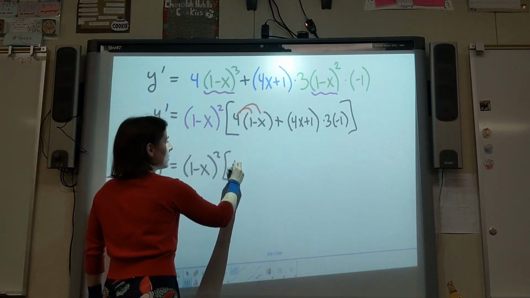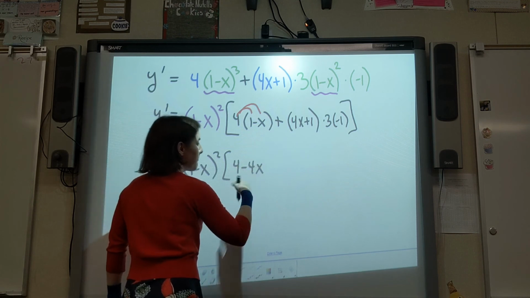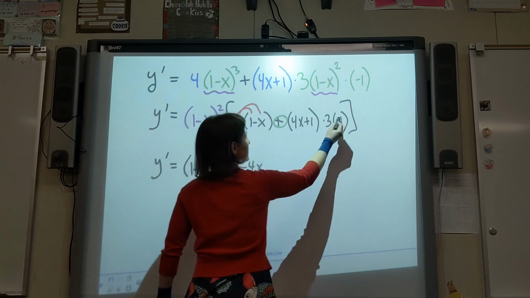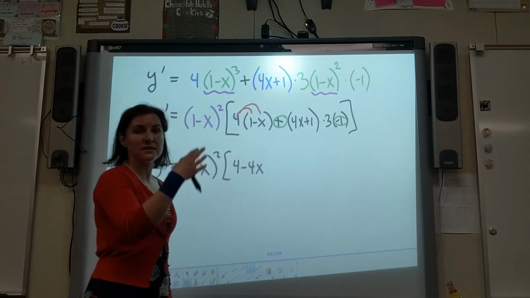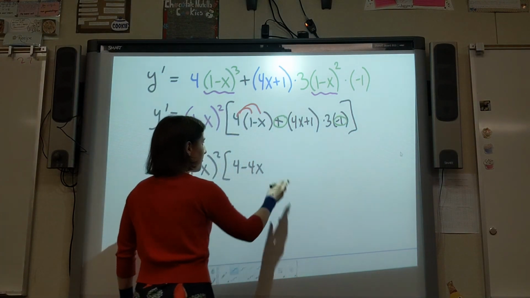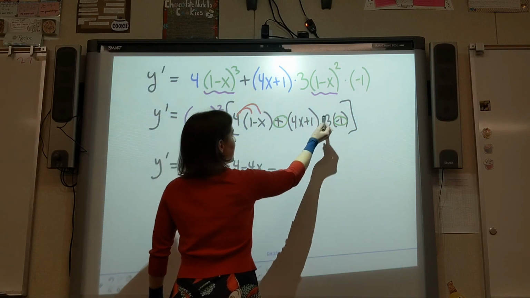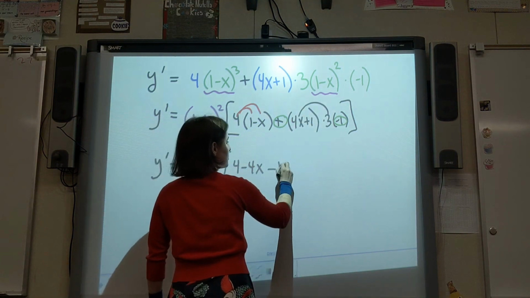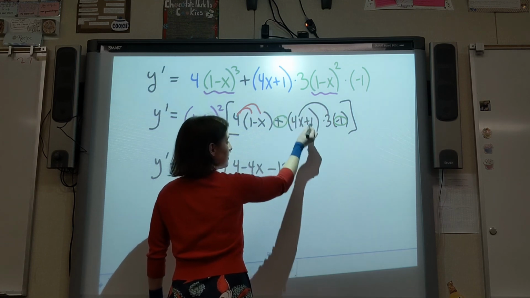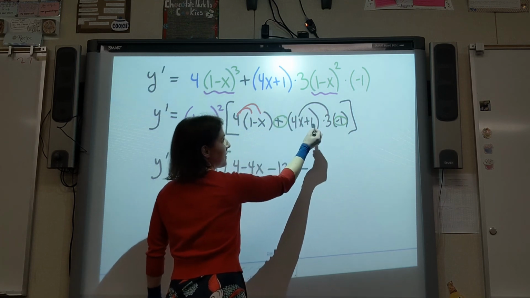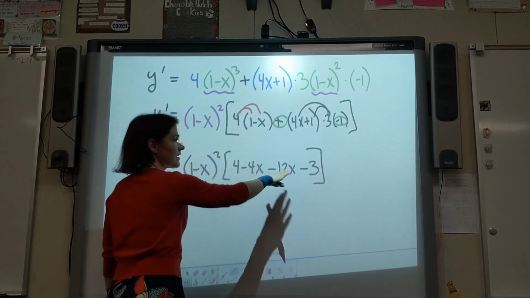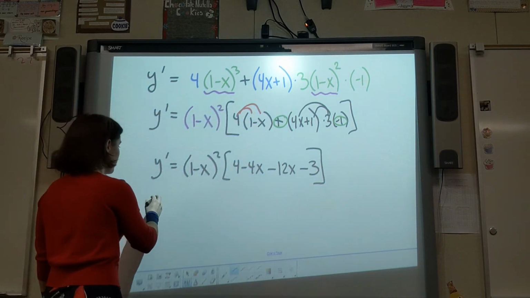I've got a 4 minus 4x. Okay, I am going to change that plus to a minus because of the negative happening there. So minus, and then let's distribute. 3 times 4 is 12x, and minus again, we're subtracting both of these because the negative happens to all of it. 3 times 1. Okay, let's combine like terms inside there, see what we get.